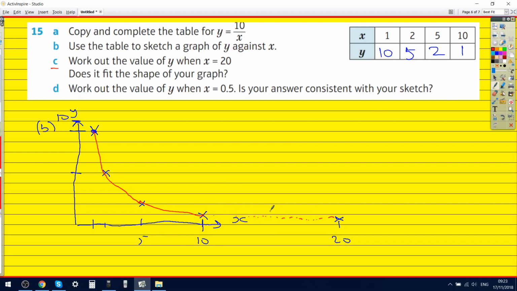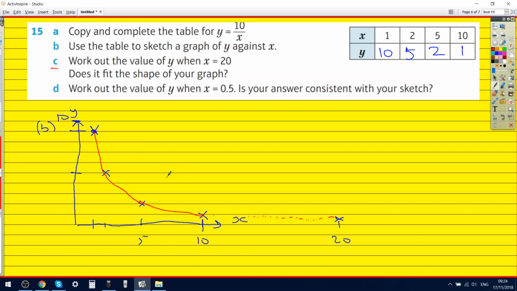And D. So I think it's 10 over 0.5. So I think that's 20.